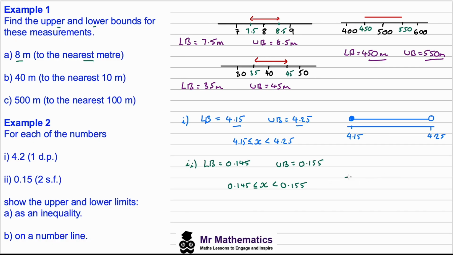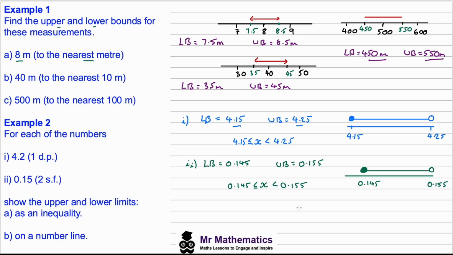As a number line, we'll have a hollow circle above 0.155 and a full circle above 0.145. And again, a straight line connecting the two circles. Okay? So this is the basics for the upper and lower bound of rounded numbers.